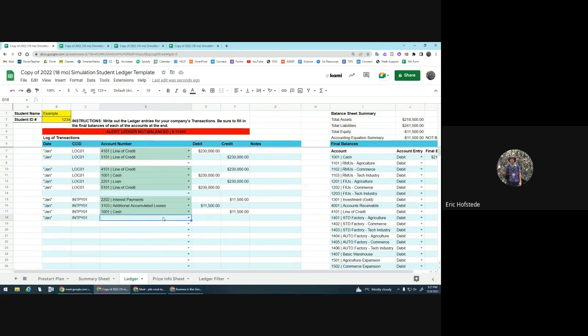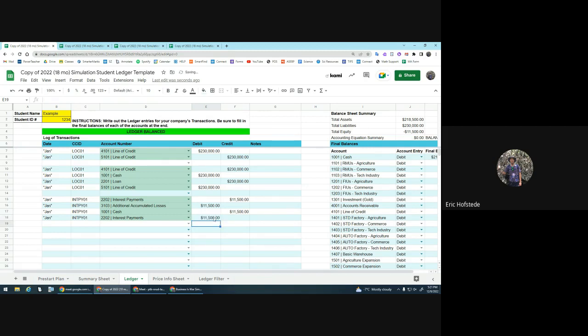And that is going to be my interest payments, which is a bill that I have to pay, is now being paid. So I get rid of my cash, and I also get rid of the bill. That bill is paid. And since it was a liability account, by debiting it, I'm getting rid of it.